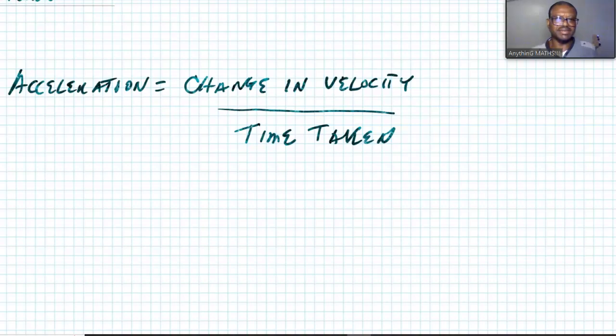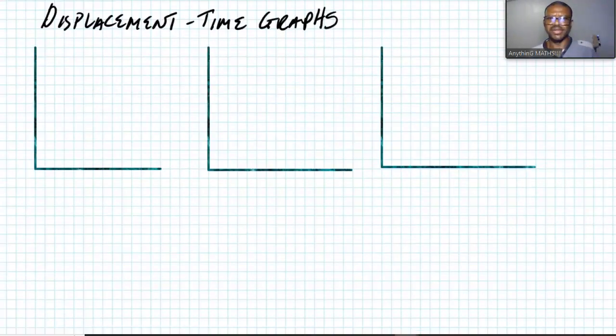This is maths. Let's look at displacement time graphs and see what we can learn in some of the characteristics of these graphs. We're going to look at three types of displacement graphs. So the first one we're going to look at is this. This is the first one.